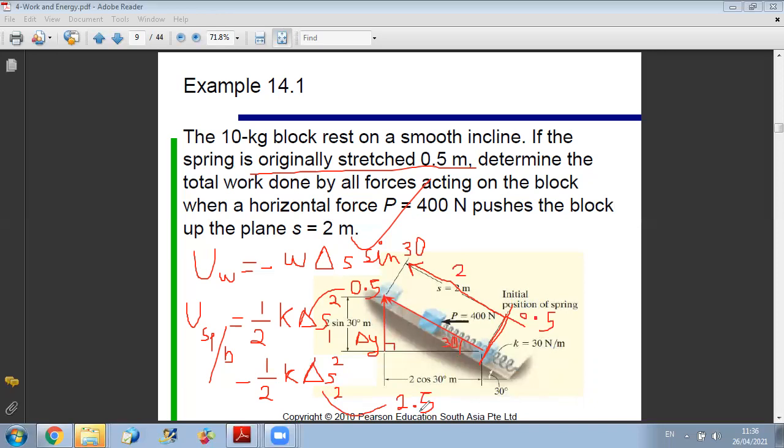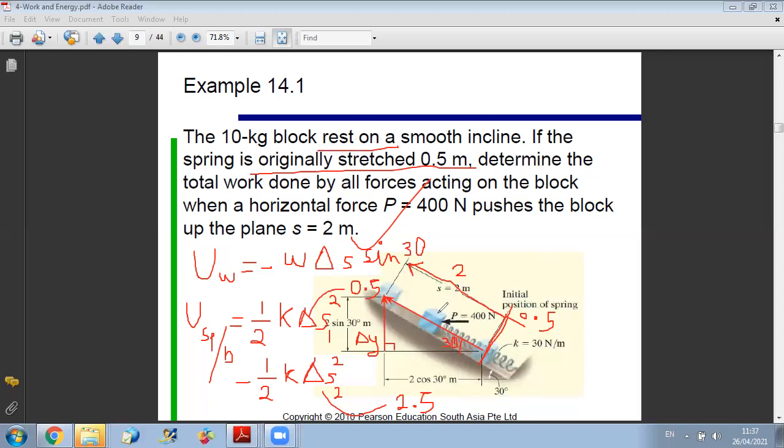Now when you have computed all the work of forces, you can do the summation. Do you expect the summation of the work of all forces to be positive or negative? You should see who is dominant, because I told you initially it was at rest.